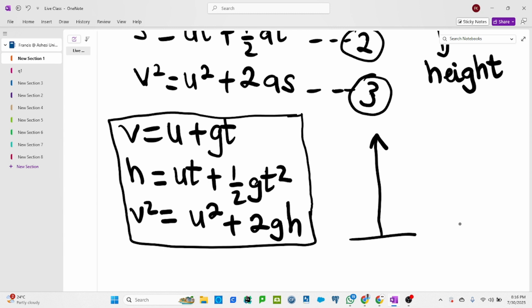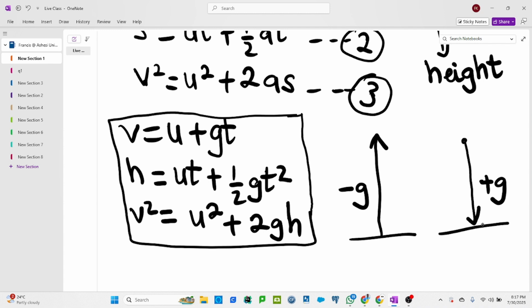Whenever the thing is moving from ground up, the value for acceleration should be negative g. But if it is already moving from top to down, the value for acceleration is positive g. Whenever we are going from ground to top, it's going to be negative g. If it's going from top to down, it's going to be positive g.